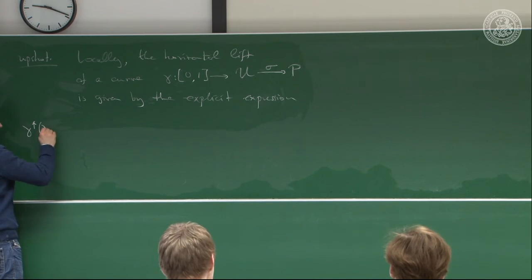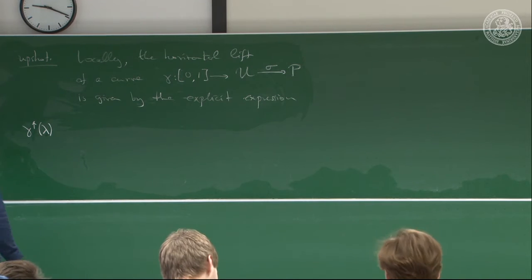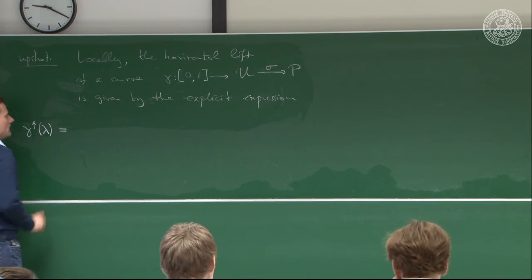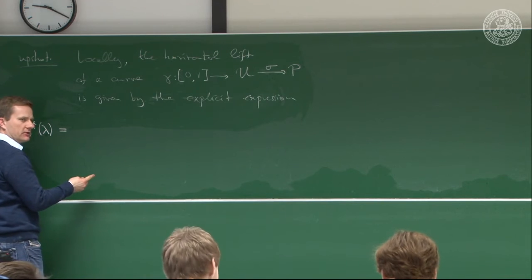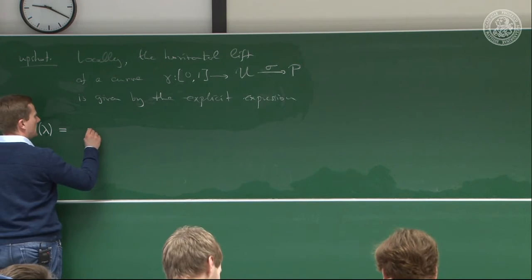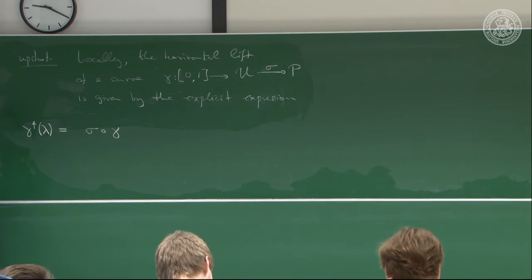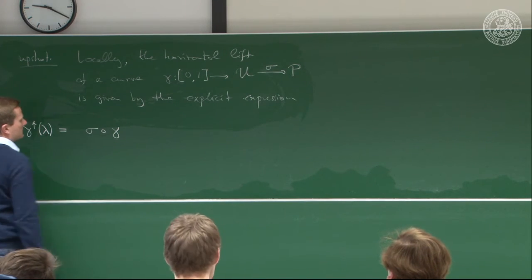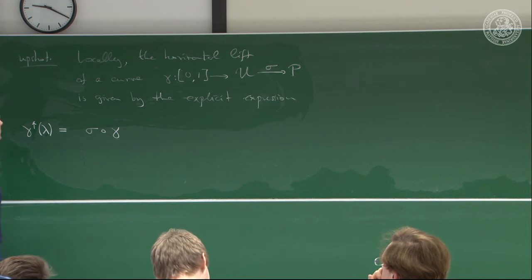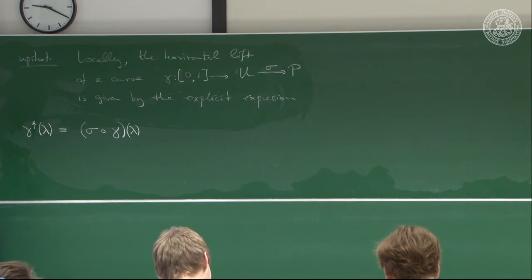Gamma up arrow, the horizontal lift of gamma. We wanted to generate this from an arbitrary curve in the principal bundle, but we did this by actually lifting the curve gamma to the principal bundle by some section sigma, which we chose. So that's our arbitrary curve delta.